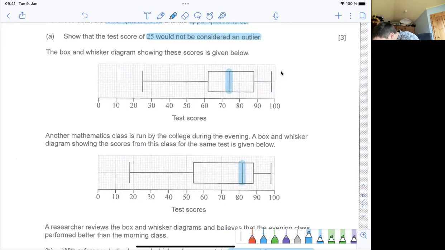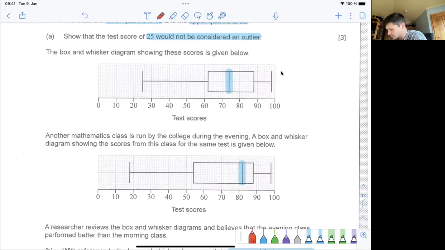What's the upper quartile looking like? They're the same, and the maximum mark is the same. So actually, I will take that back. That looks like the only part that supports the researcher's claim.